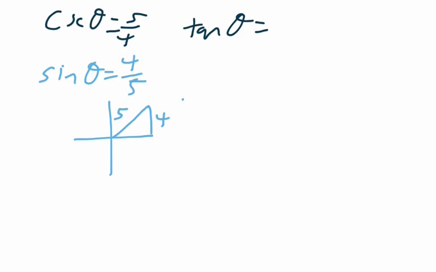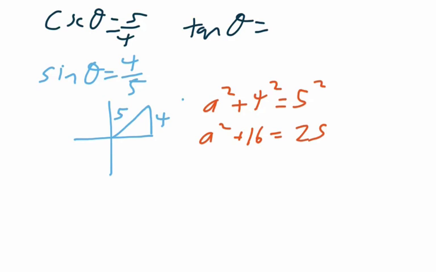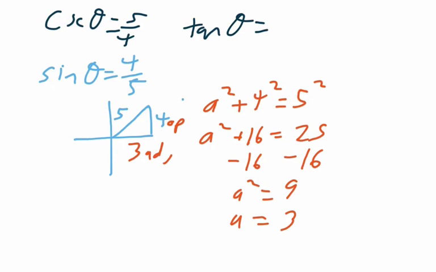So I need to do the Pythagorean theorem to figure out what the missing side is, if you don't know about the triple, or if it doesn't happen to be a triple on the final. And so when I subtract the 16, a squared is equal to 9, so a is equal to 3. And so the opposite over the adjacent turns out to be 4 over 3.